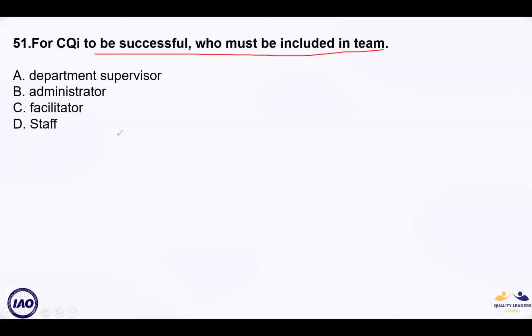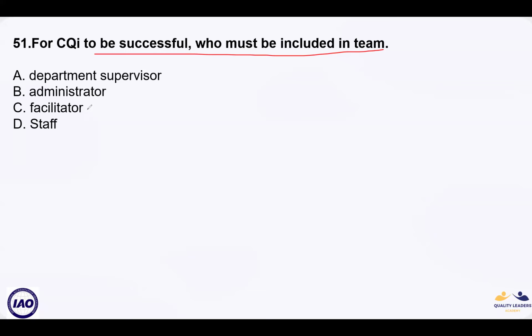So the most important one out of these four, right? Is it department supervisor? See, supervisors provide the context, but they are only line managers, not a dedicated CQI role requirement, right? Administrator, again, they support, but they are not a must-have sort of thing in the team.